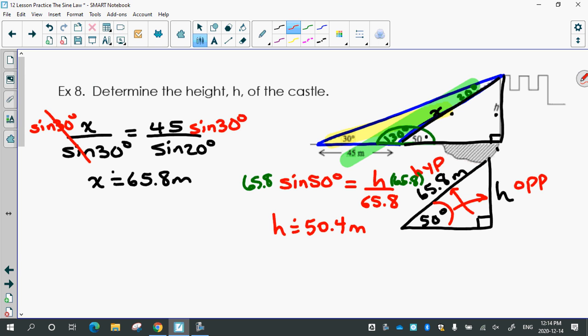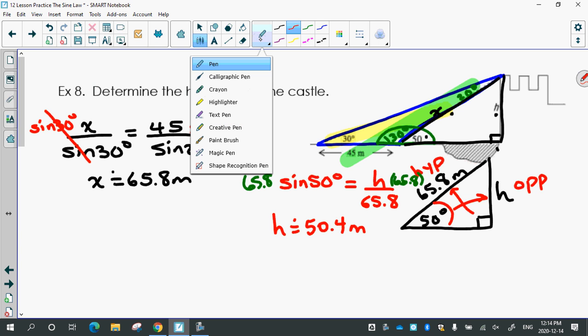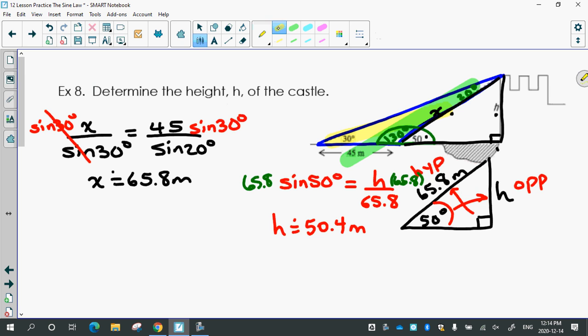Okay, I just want to show you that you can use the sine law for a right triangle. So here's my side and my opposite angle that I know. And I know this angle, but I want to find that side. So if I use the sine law, I would go h over the sine of 50 equals 65.8 over the sine of 90.